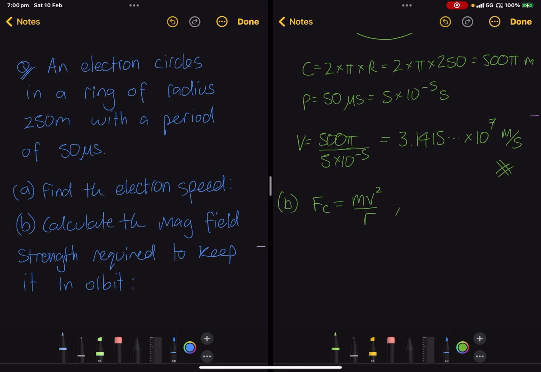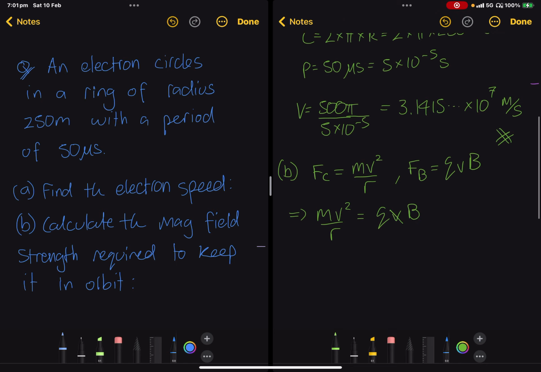In the case of uniform circular motion where the centripetal force is provided by a field, then the force from the field, which is the charge times the velocity times the field strength, is going to be equal to the centripetal force. So these will be equal. This gives us mv squared on r is equal to qv times, this is not an E, this should be a B, sorry. B is the magnetic field strength.